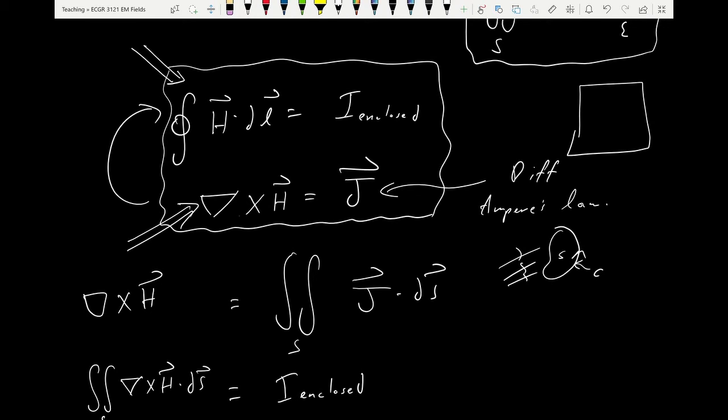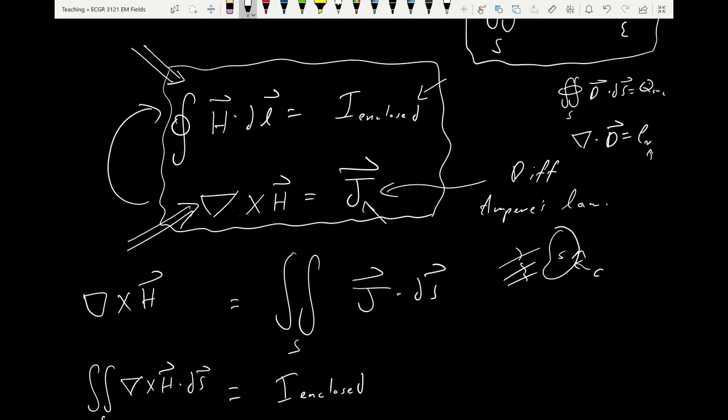So Gauss's law, the integral formalism is, as I said, closed surface D dot dS equals Q enclosed, and the differential formalism is divergence D equals rho v, the volume charge density. So here we have total charge, volume charge density, and here we have total current, current density.